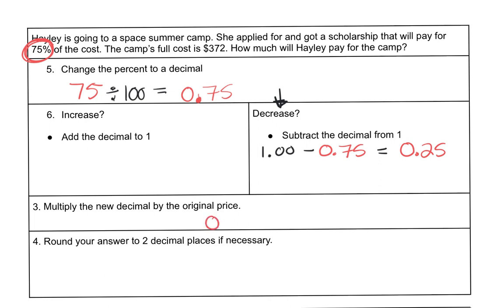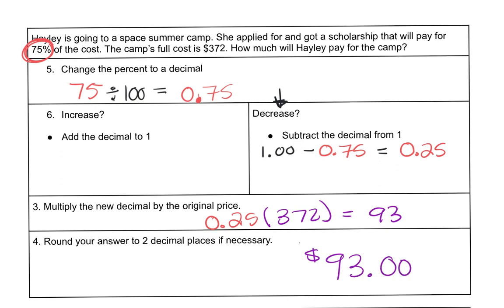So we're going to take that new decimal, 0.25, times the price, $372, is $93. And to make it look like money, we put a money symbol and 2 zeros after the decimal, $93.00.